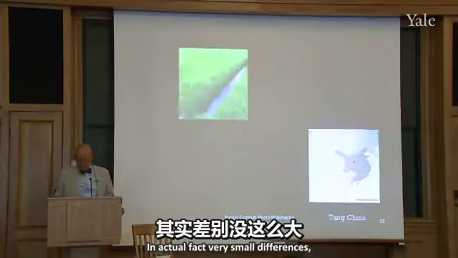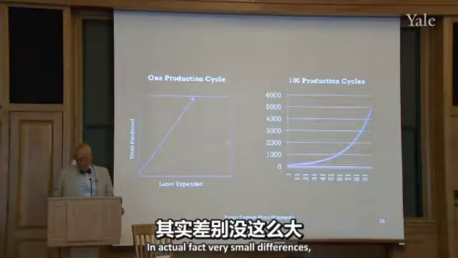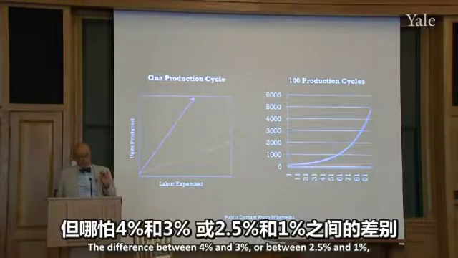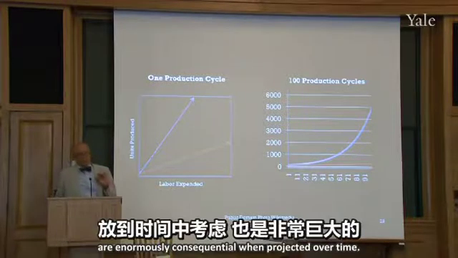And in actual fact, very small differences, I've greatly overstated them in the production function here. The difference between 4% and 3%, or between 2.5% and 1%, are enormously consequential when projected over time.